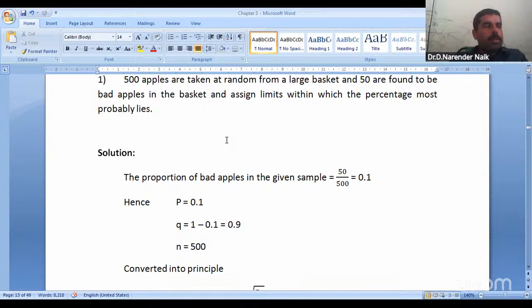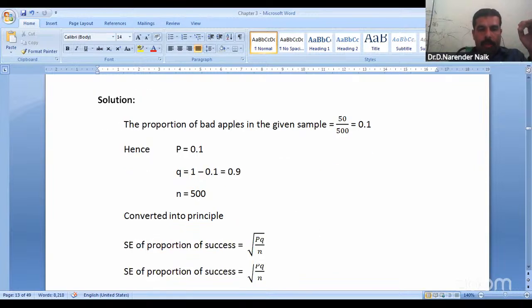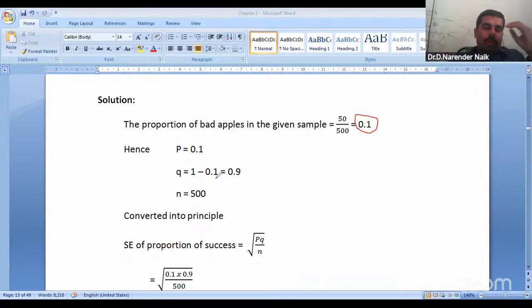Hence, P is equal to 0.1. This is the probability of success. After getting that value, we simply go for 1 minus 0.1, which is 0.9. 0.9 is the failure. So N is equal to 500.